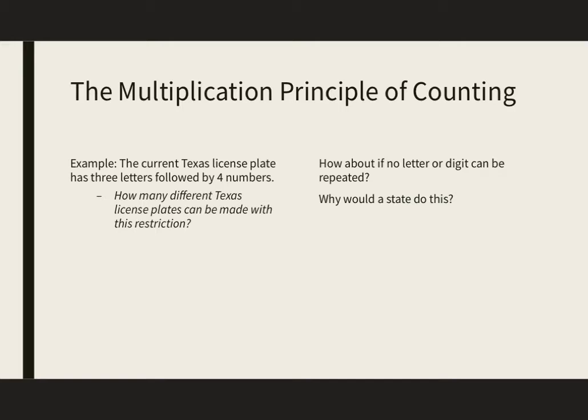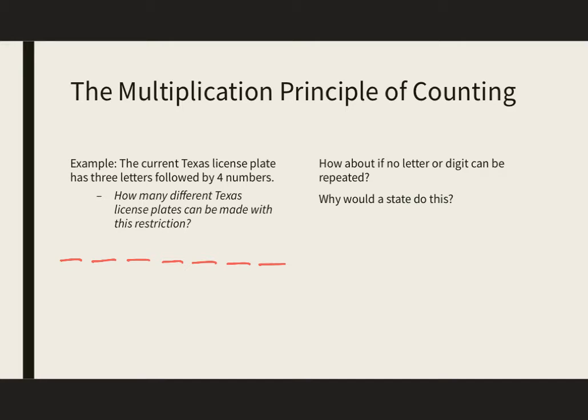Well, let me tell you, the license plate has 7 things, 3 letters and 4 numbers. So we have this situation, these slots, 1, 2, 3, 4, 5, 6, 7. Those are the stages. And that's how we're going to think about it too, just in stages.